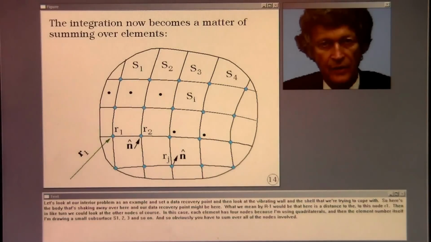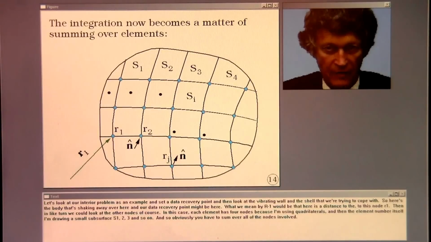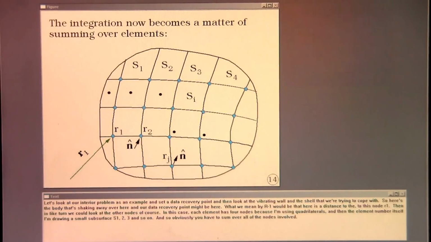Let's look at our interior problem as an example and set a data recovery point, and then look at the vibrating wall of the shell that we're trying to cope with. So here's the body that's shaking away over here, and our data recovery point might be here. What we mean by R1 would be that here is a distance to this node R1.